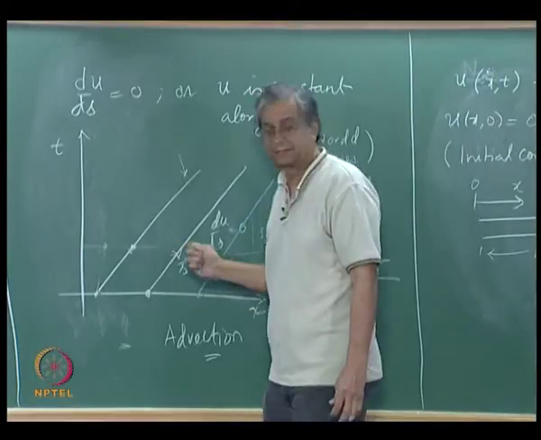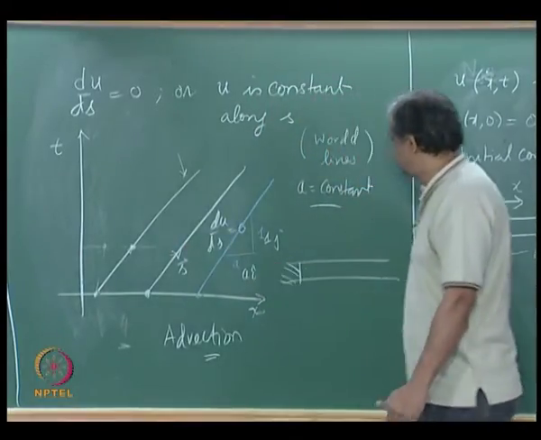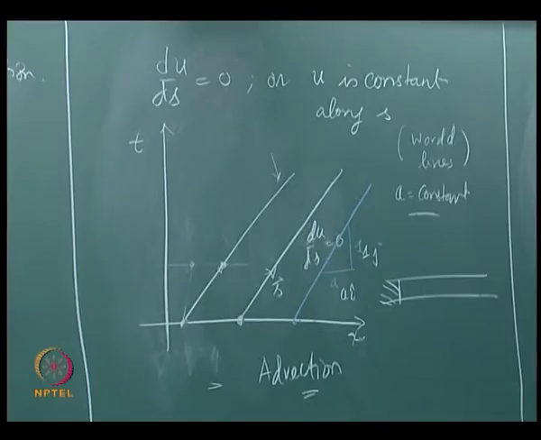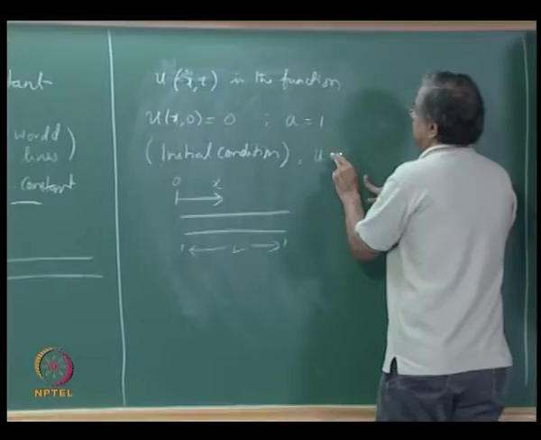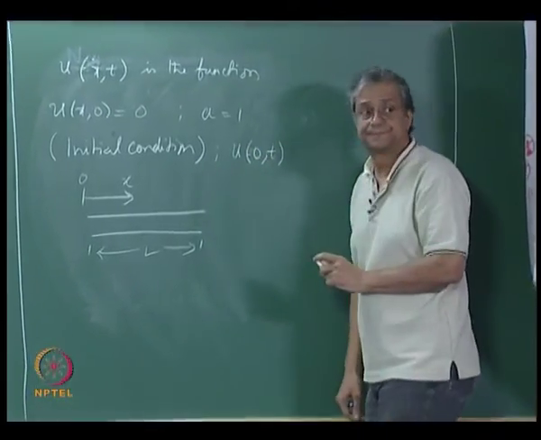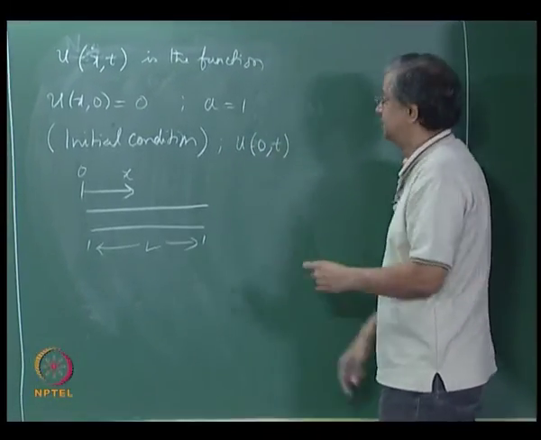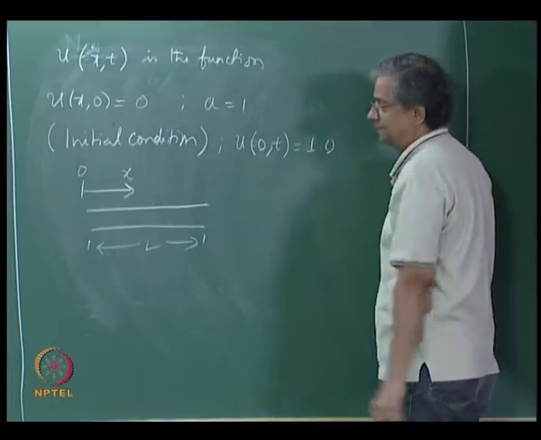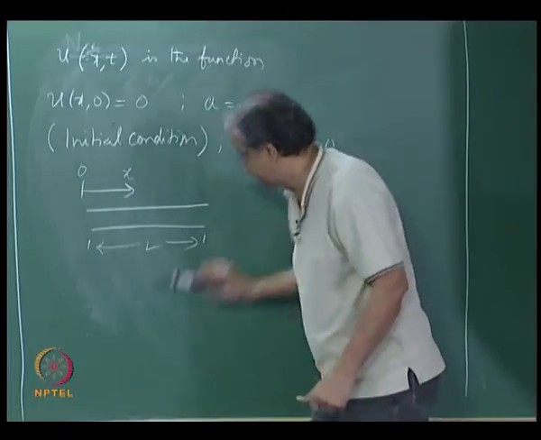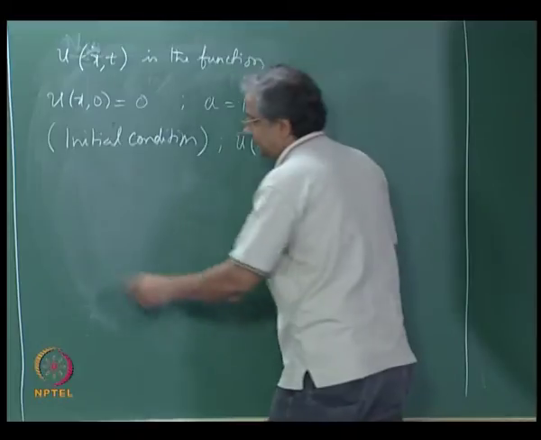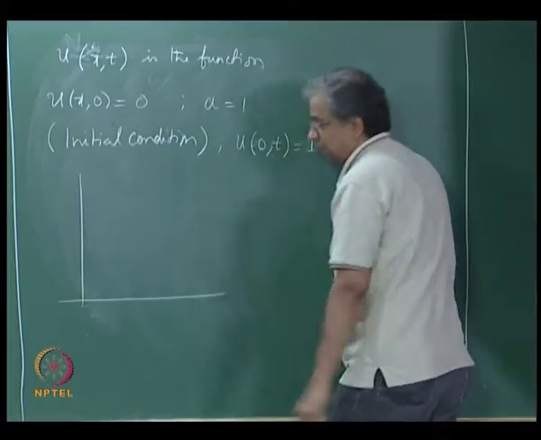Okay, right. So what we need is a condition on the left hand side, which could be u equals u of 0 comma t, so for all time, starting at t equals 0. If it were constant, let us say it is 1, keep life easy. Then what are you going to get?